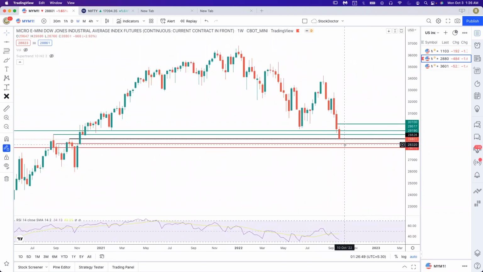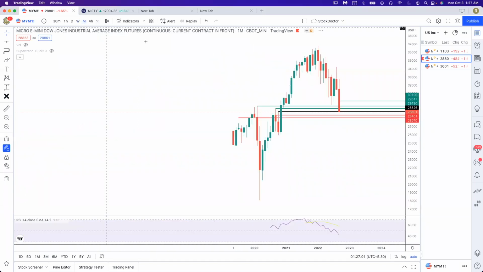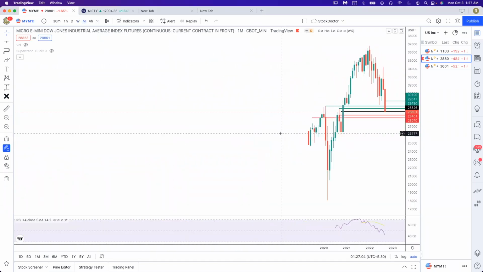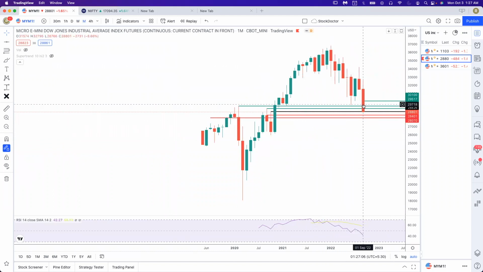These last 3 weeks show three black crows, which is a very painful pattern on the weekly chart. If we see the monthly chart, monthly is also very weak. You can see this month Dow Jones closed almost minus 8.6%. So these were the levels for the Dow Jones.